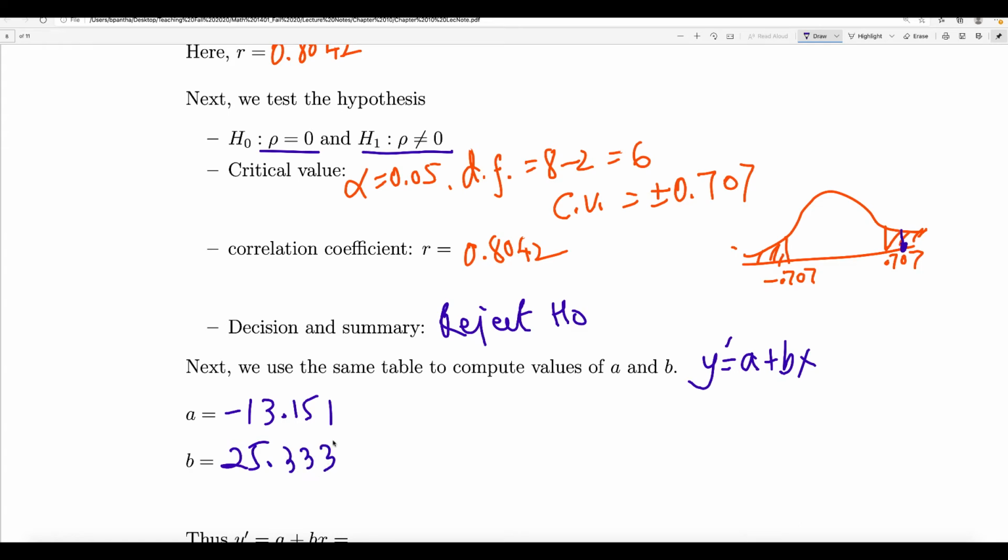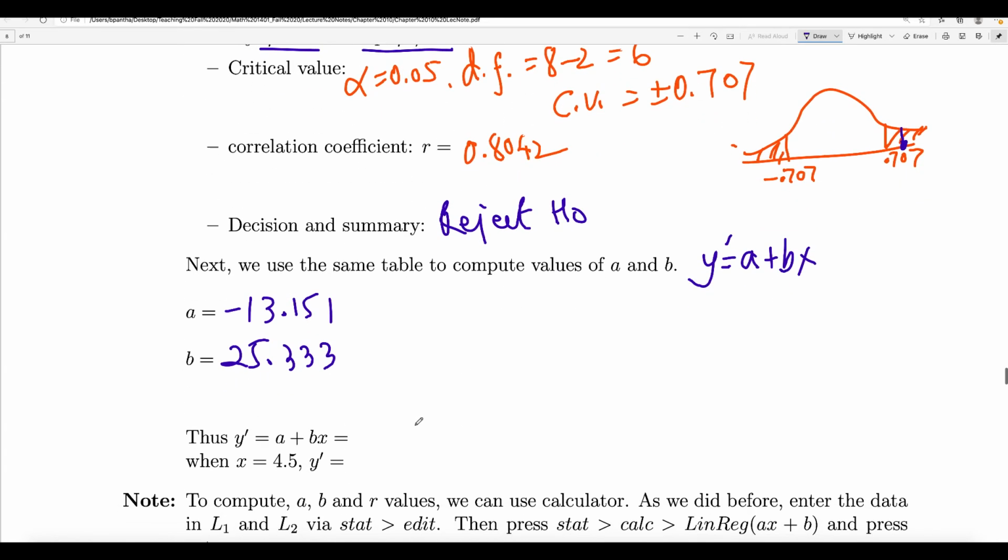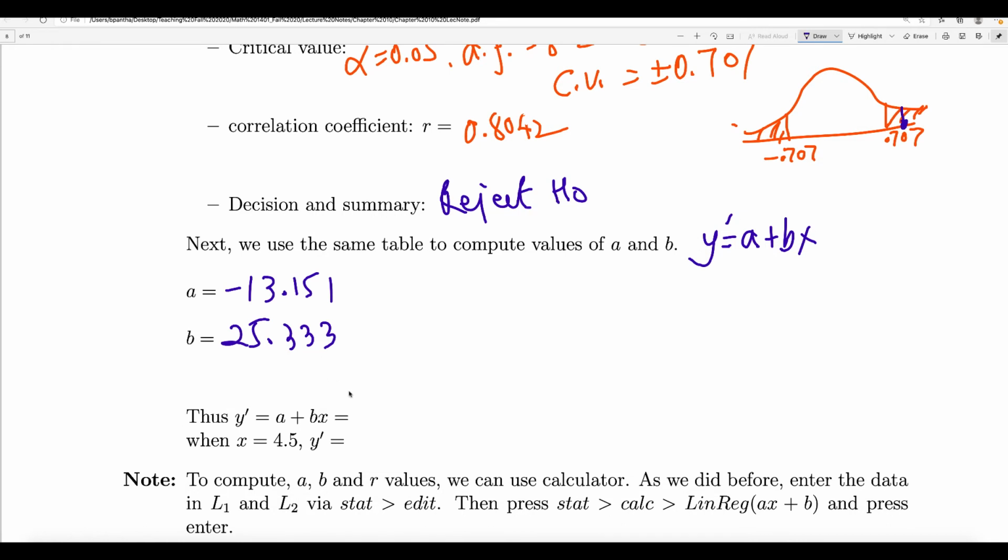That's what we got. You plug in there. So negative 13.151 plus 25.333x.